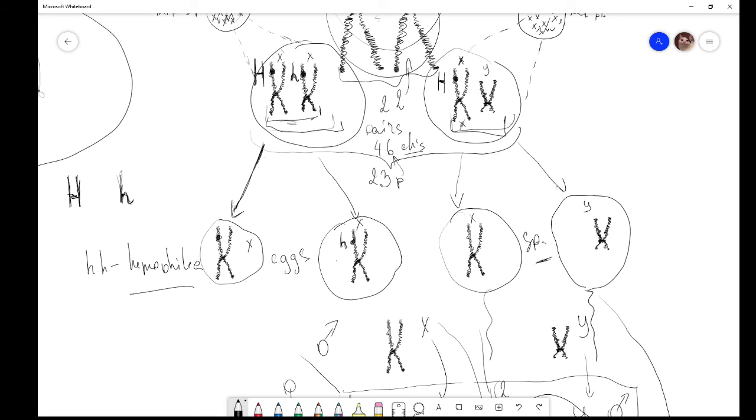This egg doesn't have a hemophilia gene, and this egg has a hemophilia gene. The male organism gives one sperm without the hemophilia gene, with the dominant variant of this gene, and the Y chromosome doesn't have genes for hemophilia.